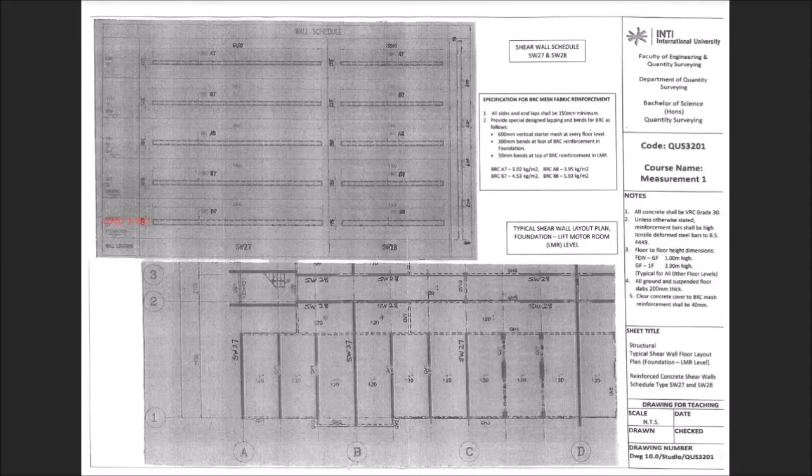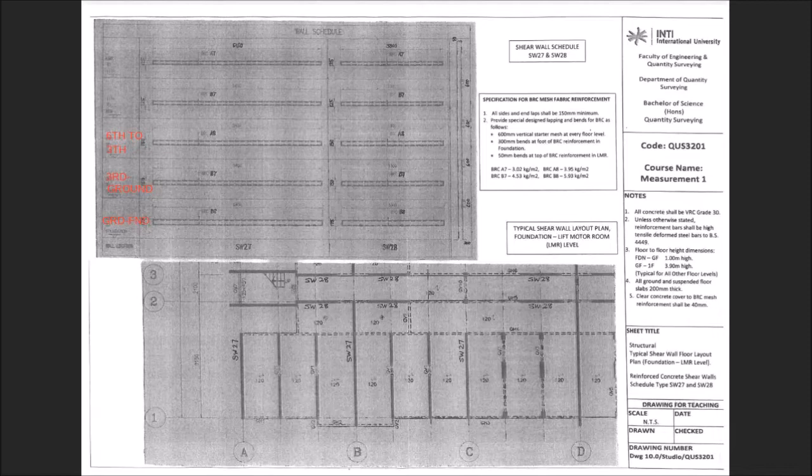This one is the third level until the ground. If I zoom in, this is supposed to be the third to the ground. And then this one is 6 to the third. That means there are three levels having the same detail. This one is not really clear as well.